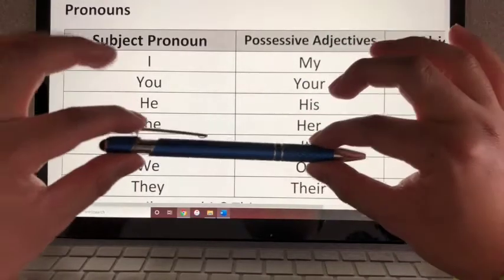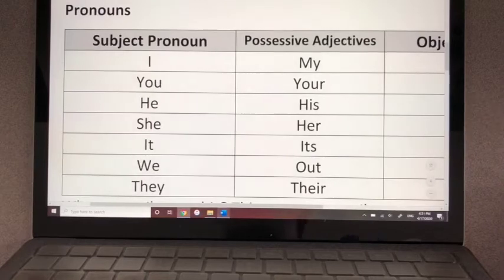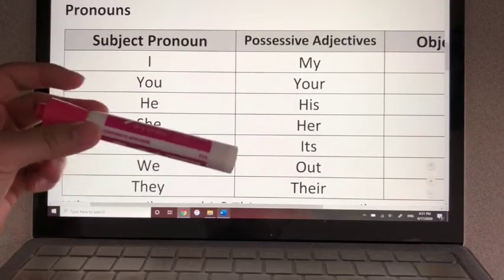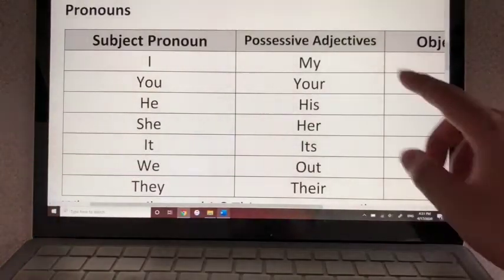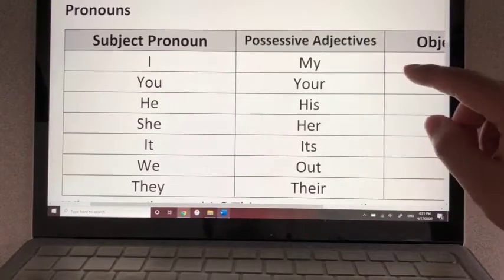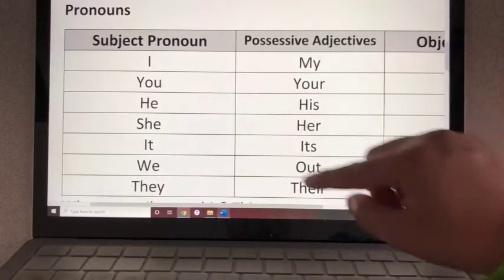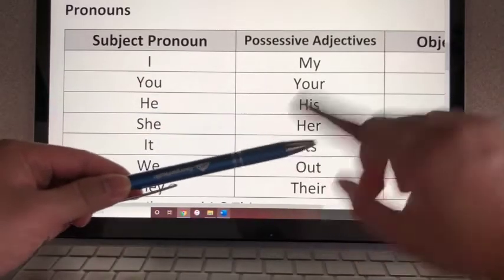This is my pen. You have a marker. This is your marker. So we use these words to show ownership, which means this is something I have. So I have a pen. This is my pen.